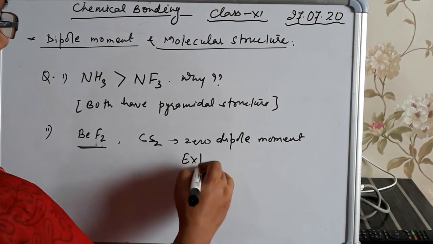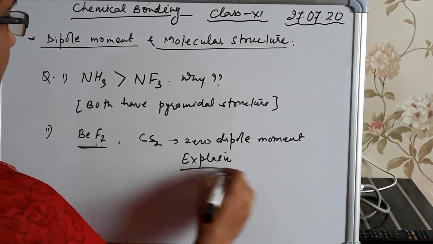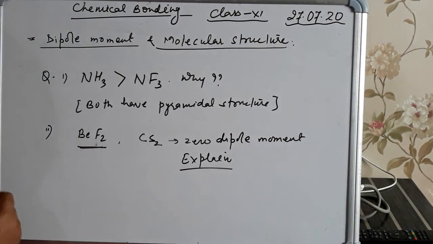Explain. So in this way, many molecules are given in the examination, and on the basis of their structure, their electronegativity difference, and where their arrows point, you can explain the net dipole moment of these molecules. So students, try to do the questions related to dipole moment in your NCERT exercise.